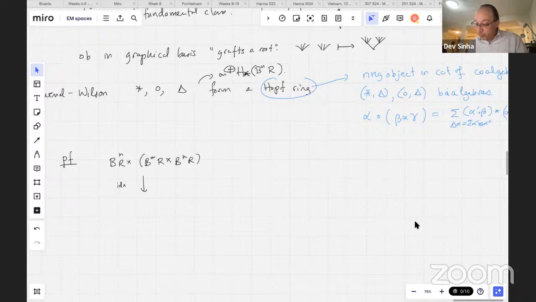So you do the star multiplication, or the usual multiplication, or the union multiplication, and then you do the circle product. And then the point is that you're going to get the same result if you first apply the diagonal.